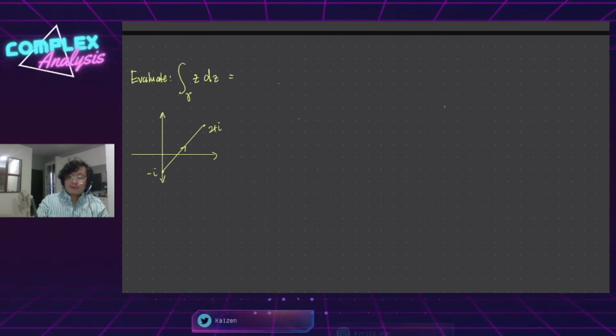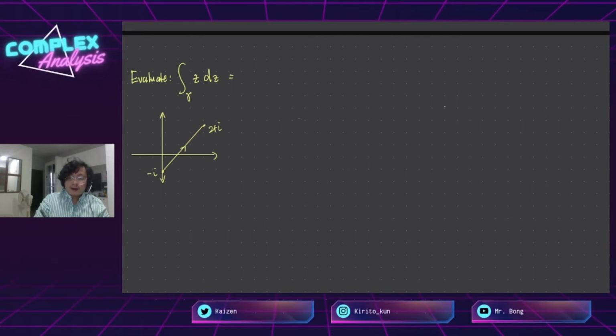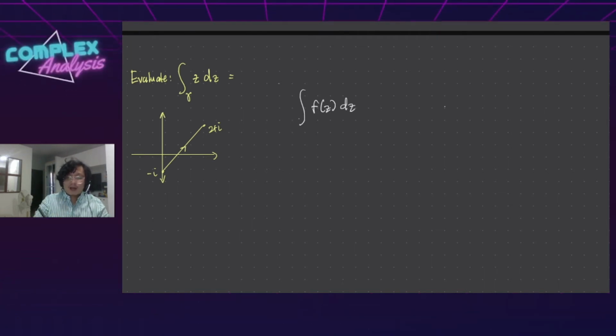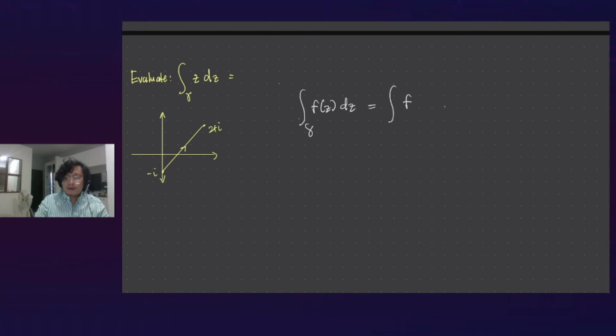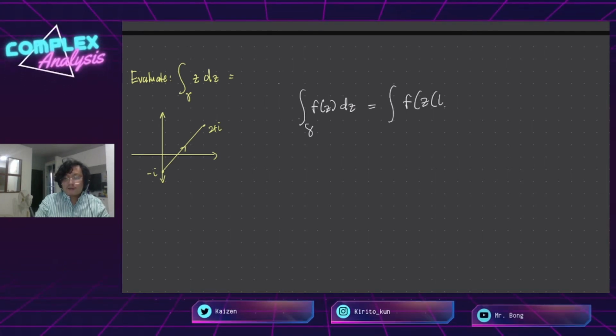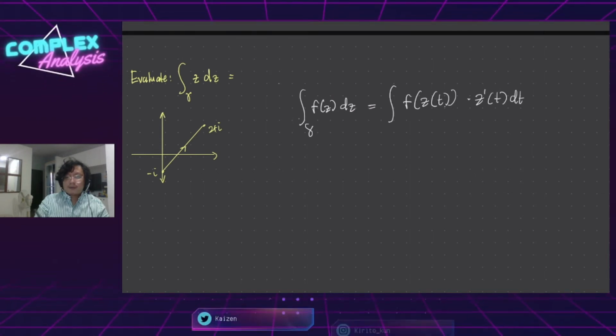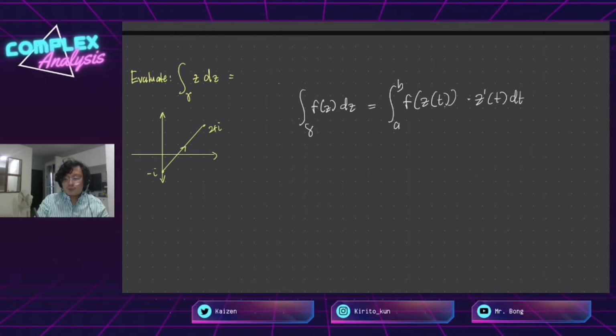So we have the integral of f of z dz under the curve gamma is equal to the integral of f of z of t times z prime of t dt from a to b.